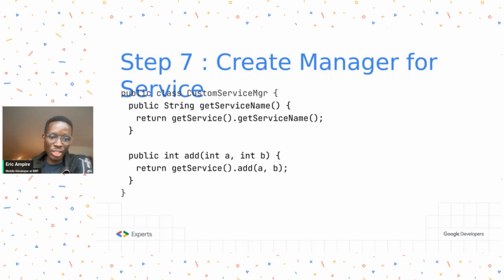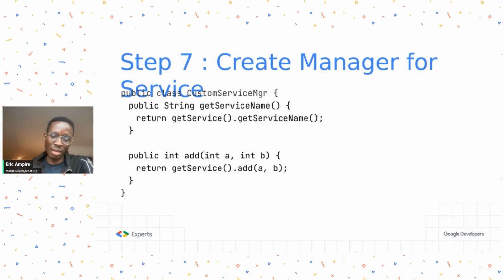And inside my manager, as you can see here, the manager doesn't do anything. The manager doesn't have any kind of responsibility. The role of the manager is basically to delegate every single action that the user takes to the actual service. For example, here, every time the user calls the method getSystemName, the manager doesn't know the information the user is looking for. So the manager will delegate this action to the service.